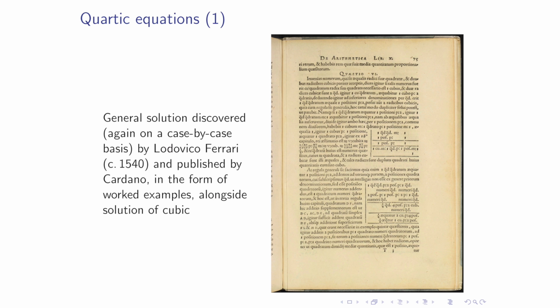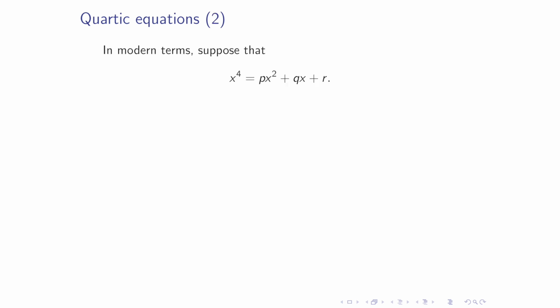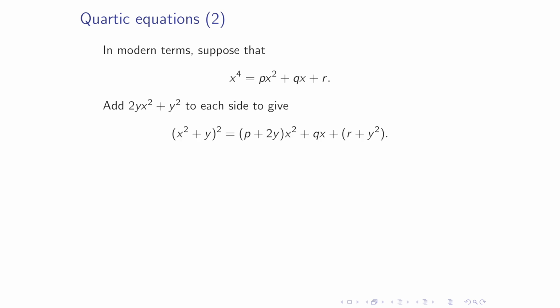I'm just going to give you an example of how one of Ferrari's methods works, because it has some relevance for things that come later. So again, we're going to look at a specific case of a quartic, so something of this form, so no cube term. And so what Ferrari does, he says, well, let's introduce a second unknown, and we'll call it y. And all this is in entirely modern notation.